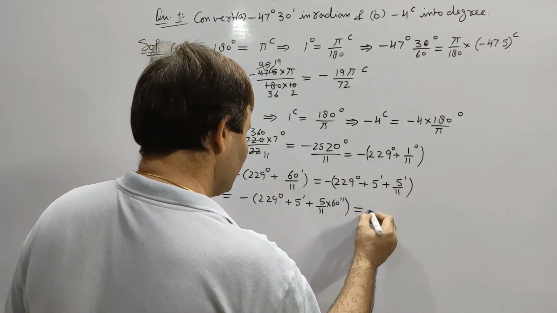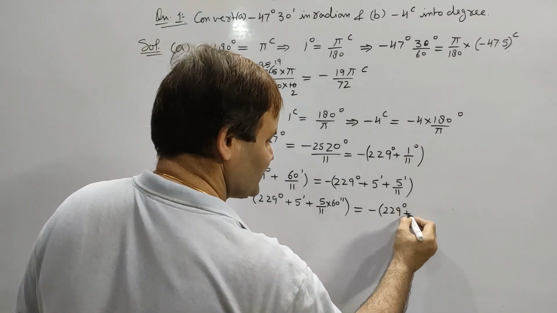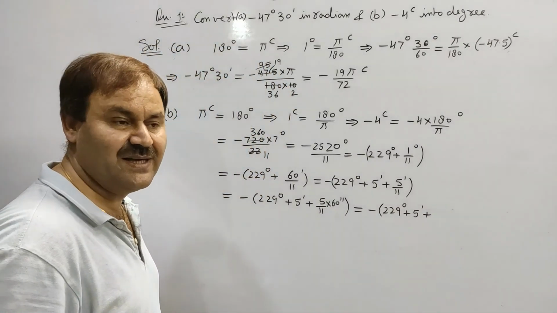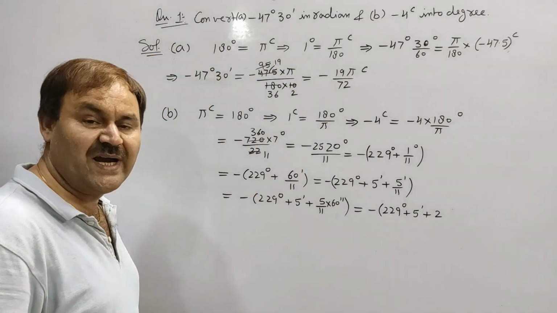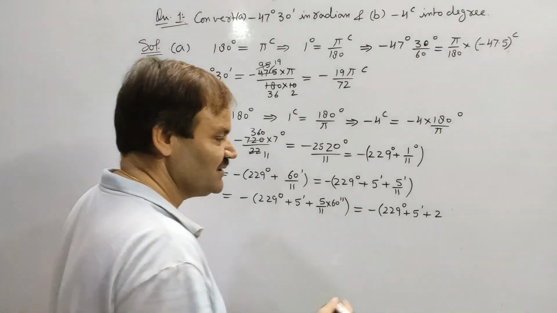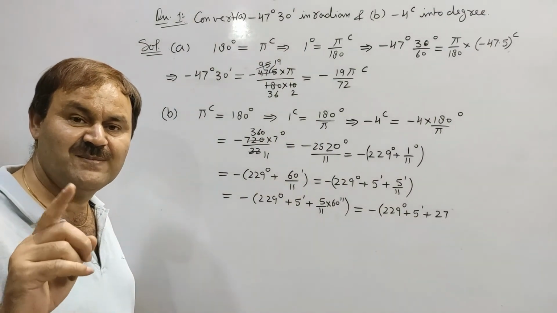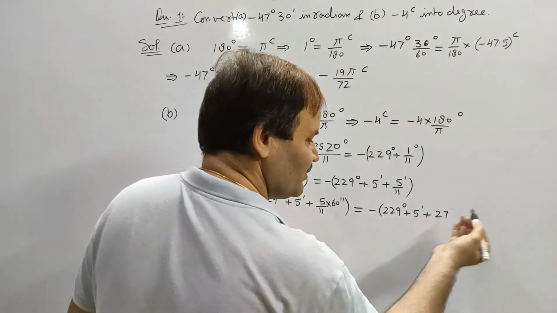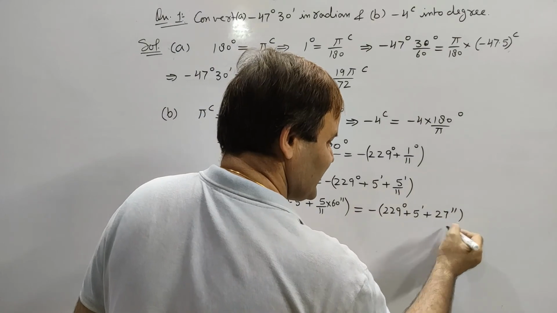So this will become minus 229 degree plus 5 minute plus 300 by 11, and 11 twenty-sevens are 297, with 3 left over, so approximately 27 seconds.